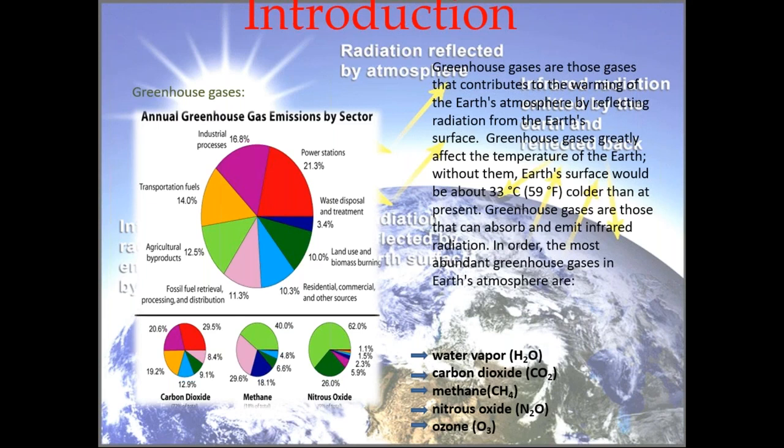Now, what it means is this. Let me explain it briefly so that we understand what I just said. Basically, there are three things I want us to take note of: number one, the radiation from the sun; the greenhouse gases present in the atmosphere; and of course, the Earth's surface.